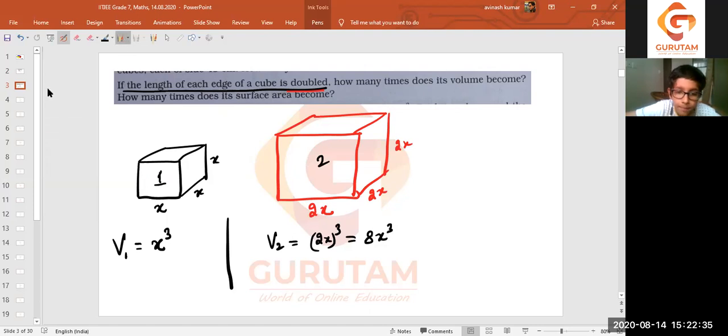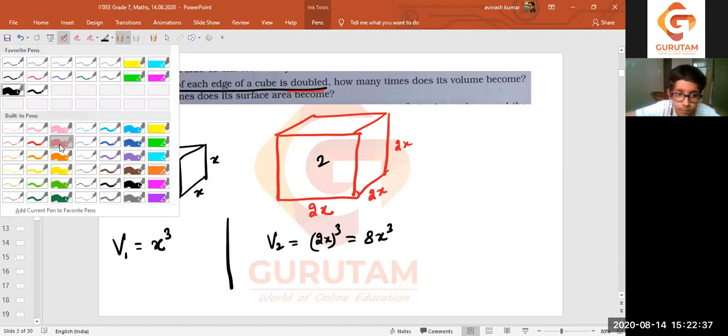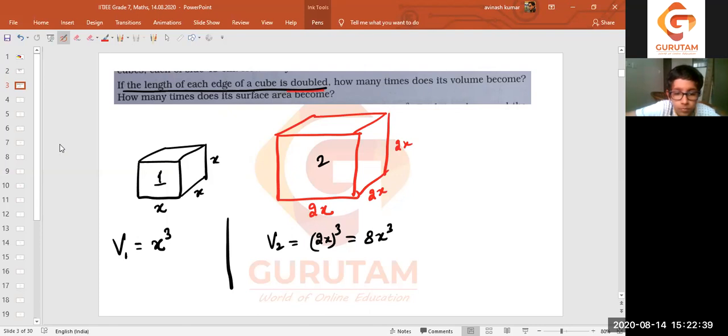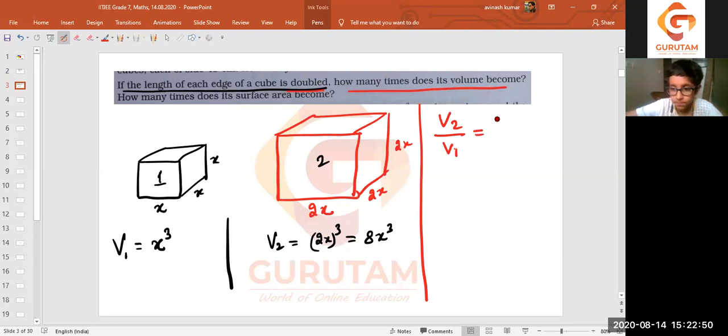Now, if I see the ratio V2 upon V1, it becomes 8x cube upon x cube. This cancels. So V2 is 8 times of V1.